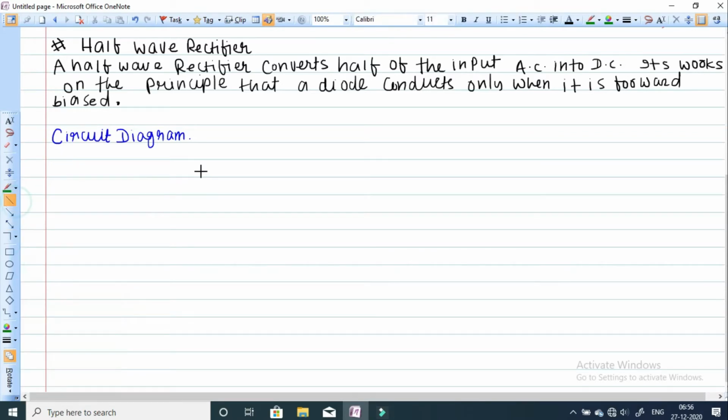This is the input side. We have one diode also. This is the diode.